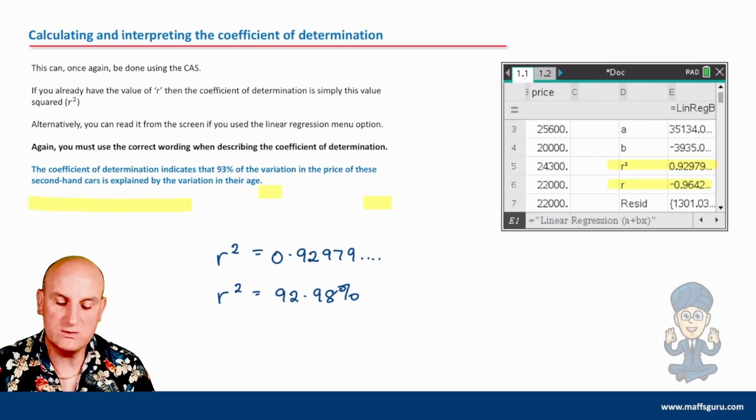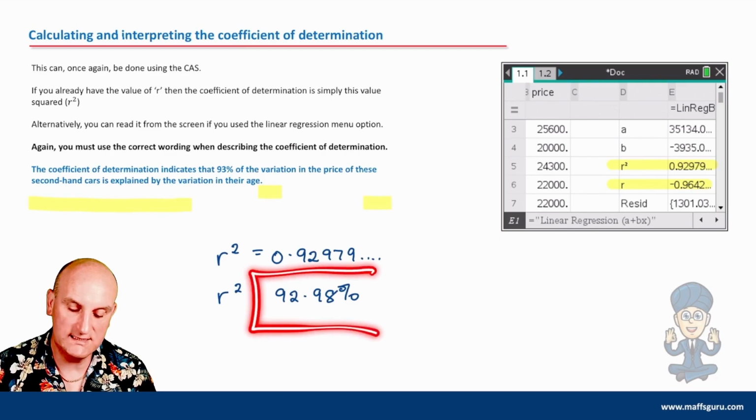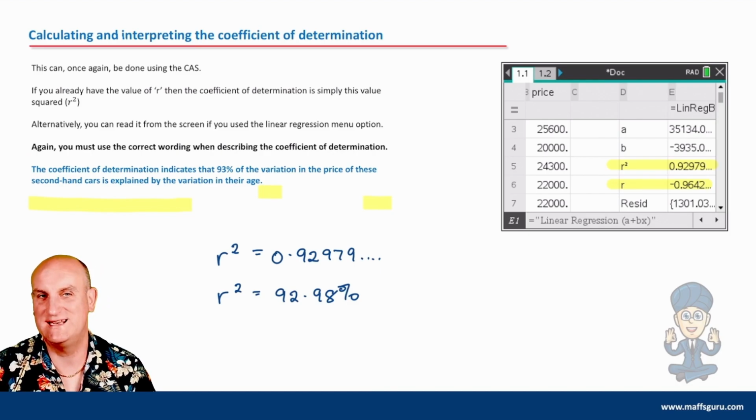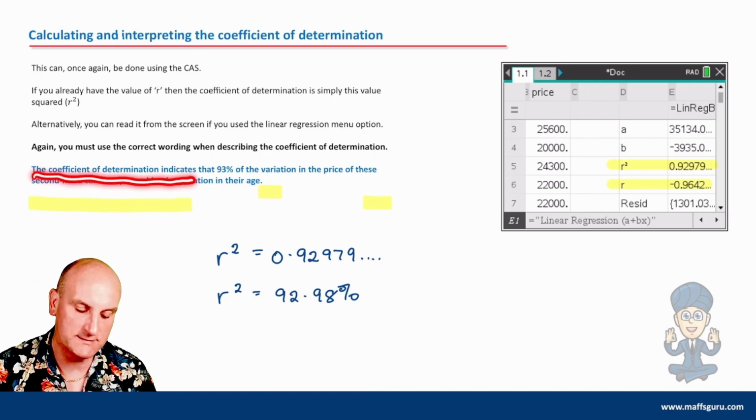Now, once we know that, we've got to write it in a worded way. And so, again, this blue section here says, the coefficient of determination indicates that, again, boilerplate. The bit that you have to change is the 93%.